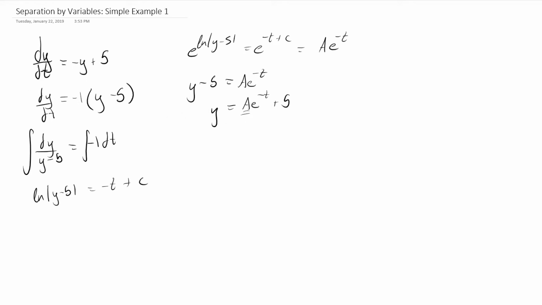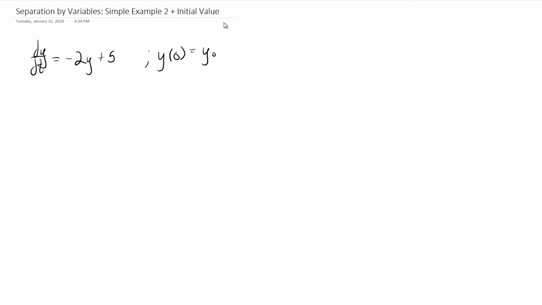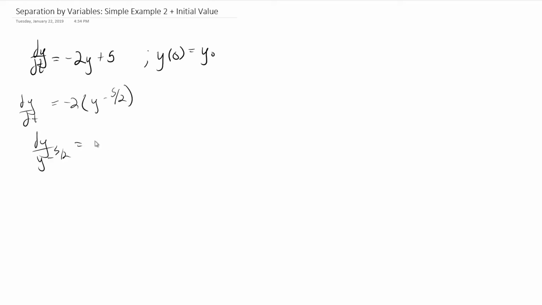So you may be wondering what we're going to do about this A. We're going to look at another example, but this one has an initial value: when t equals 0, y is equal to y naught. We're going to solve this like we've solved the other ones. I'm going to make y by itself. So dy over (y minus 5/2) is equal to -2 dt. Going to integrate both sides.